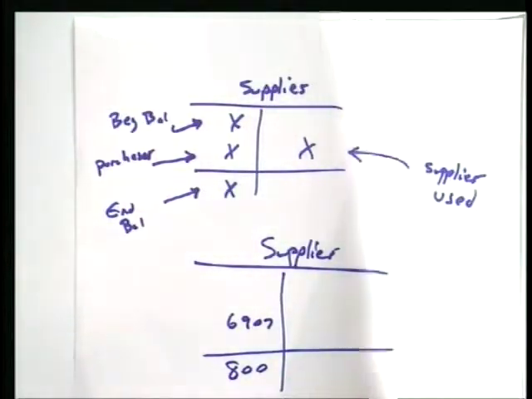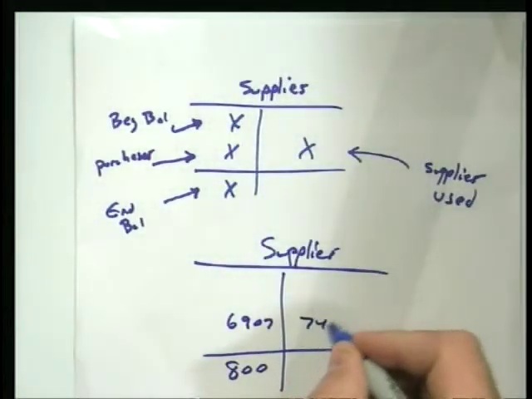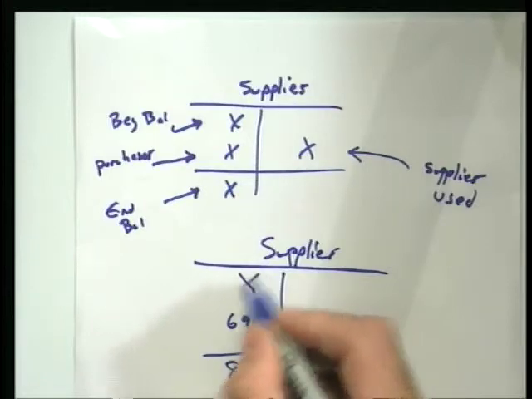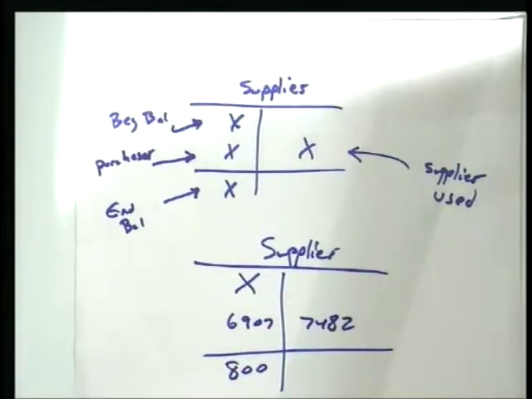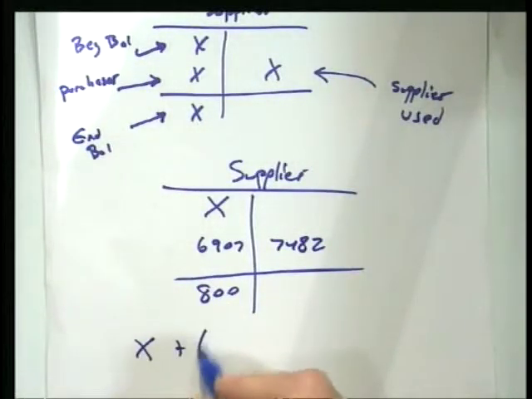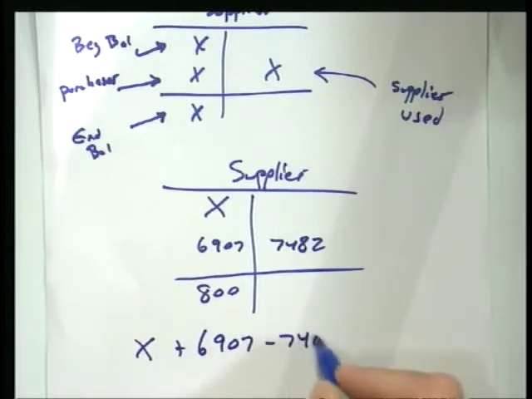And the amount that we expense is 7,482. So this is our question mark. Let's call that X. Okay? So X plus 6,907 minus 7,482 equals 800.